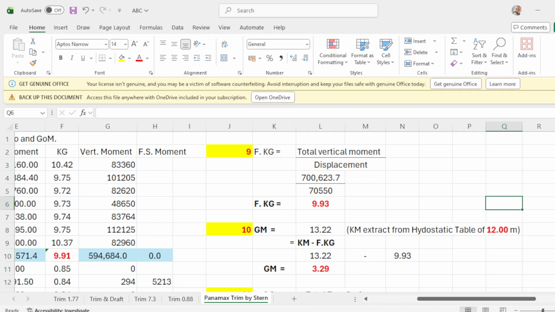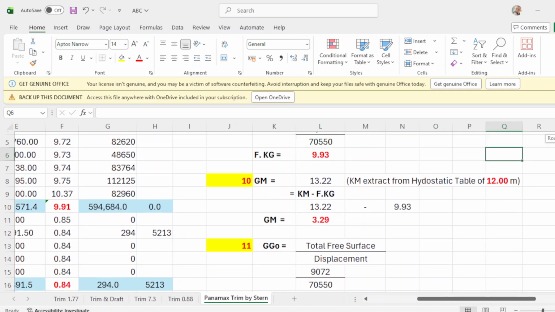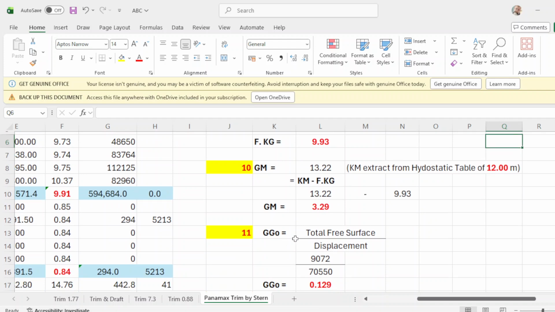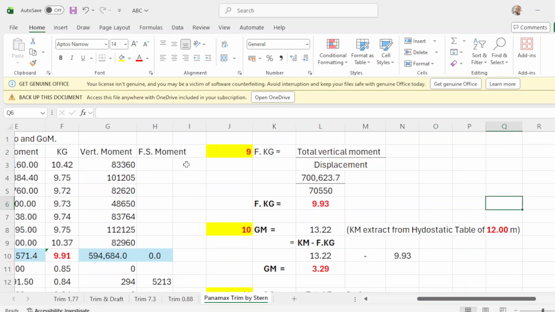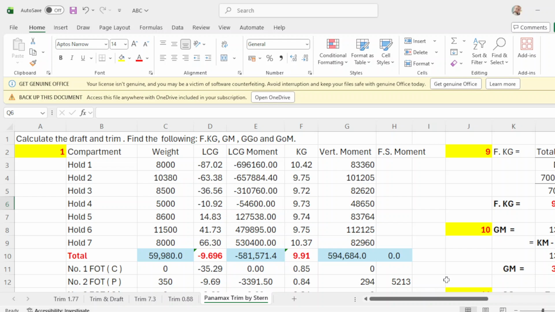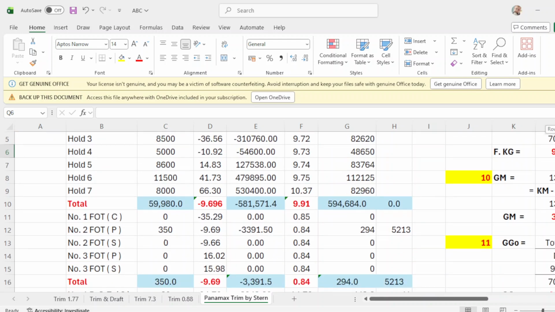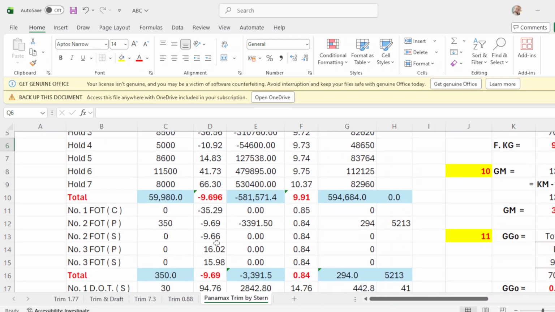So that's number 10, and we go to number 11, find the GGO. The formula is total free surface over displacement. What is free surface? Free surface is this one. Take note, free surface applies only to tanks with liquid.